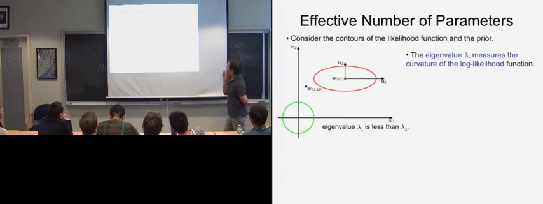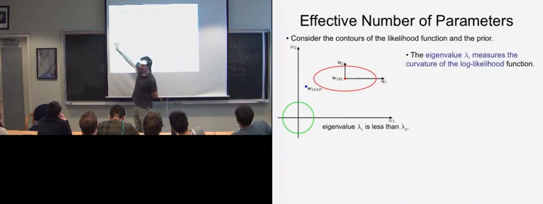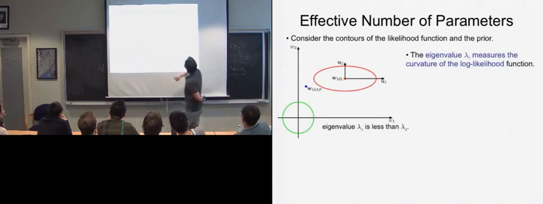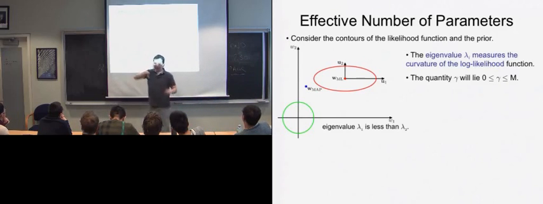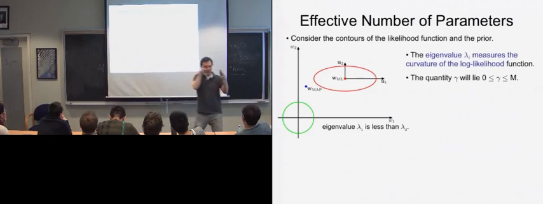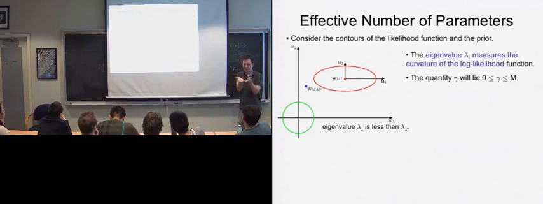This is our prior. It's spherical and centered at 0. And this is our likelihood function, or you can think of it as a quadratic likelihood function, because we're looking at the squared losses.